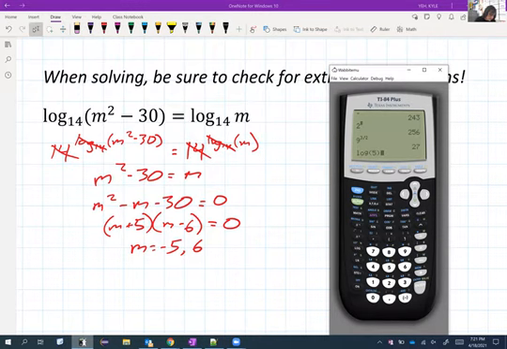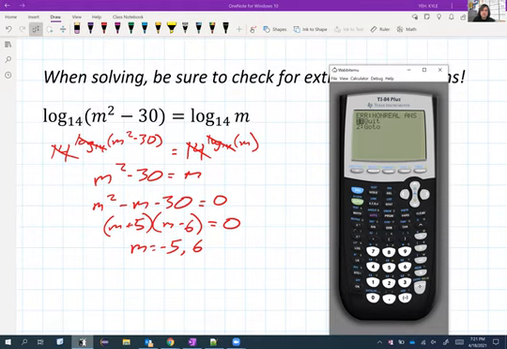Log of 5, according to my calculator, is that ugly decimal. Log of 8 is that decimal right there. But what is log of negative 5? It gets an error. It's a non-real answer.